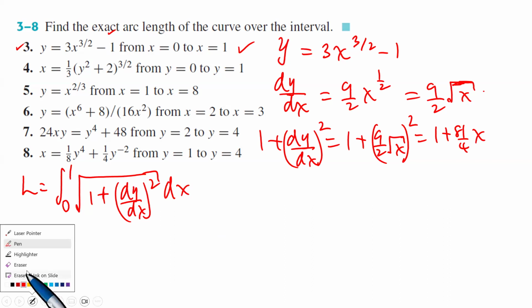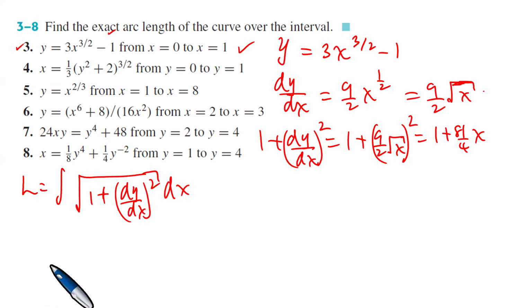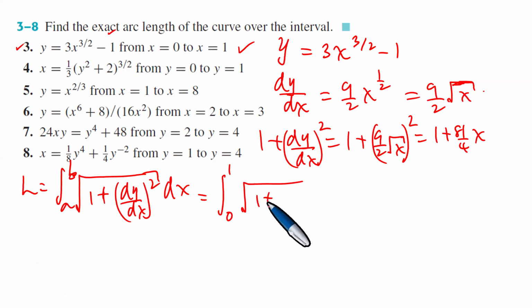We can still put it, just to make sure somebody's aware of the formula we're using. So from 0 to 1, the square root of 1 plus 81 out of 4 x, dx.